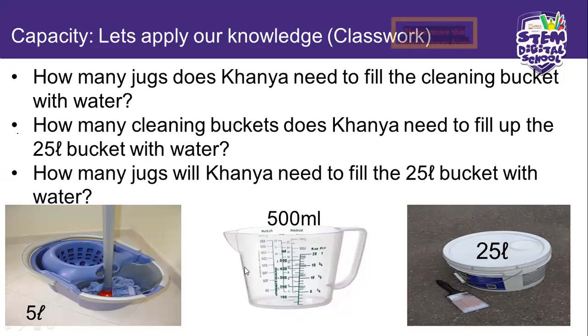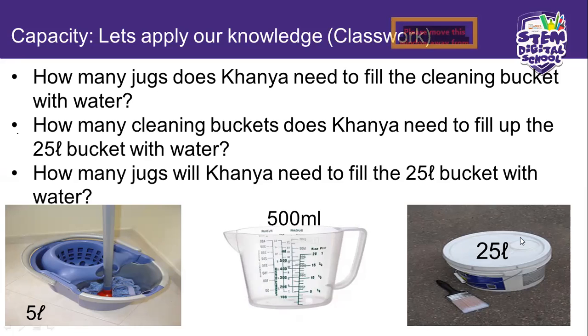So if we want to get 25 there, if we say your 1 liter there, if we say 2 multiplied by 25, how much are we going to get? Remember, 2 500 milliliters gives you 1 liter.